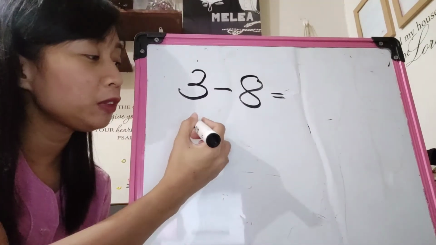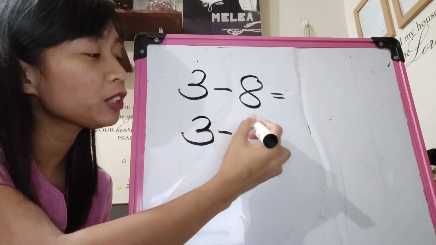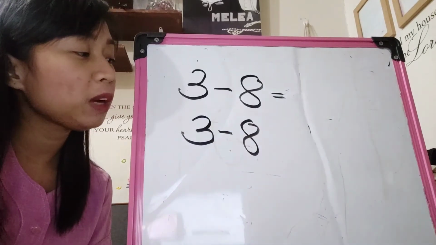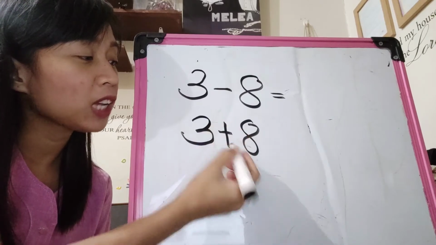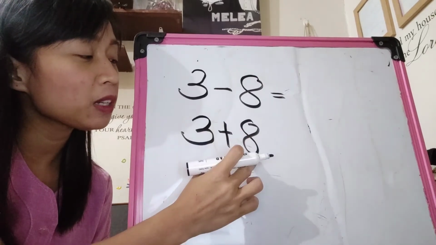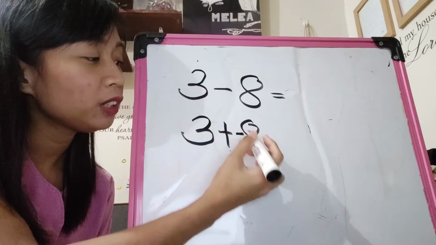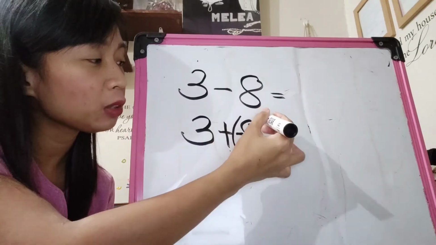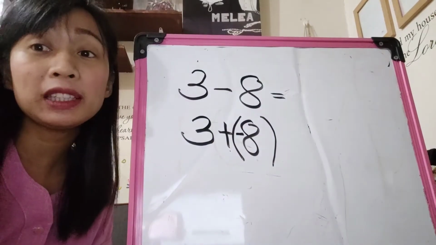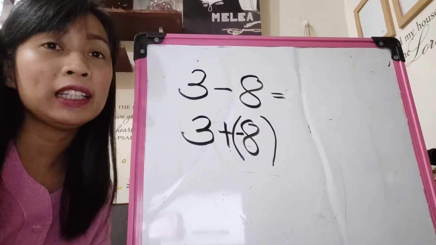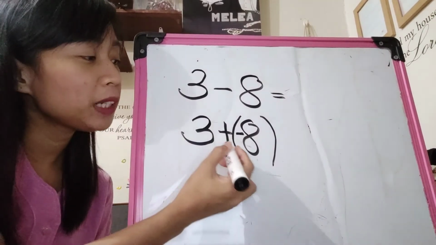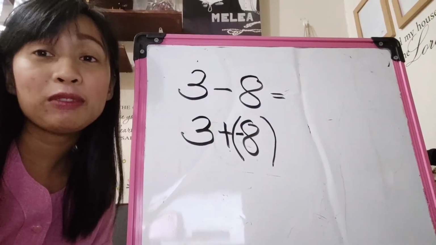So, our next example would be 3 minus 8. Okay, again, I will rewrite this so that we could still see the original question. So, 3 minus 8, you keep 3, change the subtraction sign to addition sign, and then since this is positive, make it a negative number. Again, let's enclose this with parentheses to separate the negative from the plus sign. And then, we can now apply the addition rule. 3 plus negative 8. Again, they have different signs.